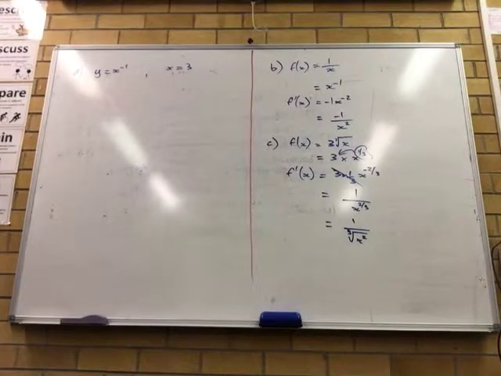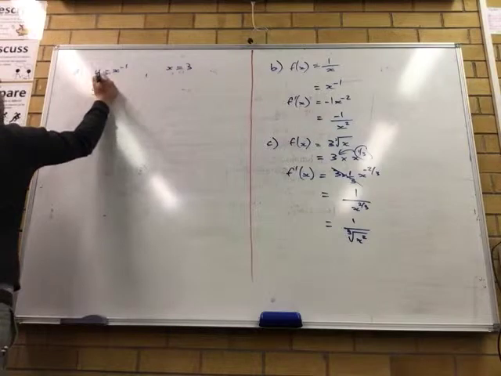So, we need to find the gradient of the tangent by differentiating. Find the gradient of the tangent at x equals 3. And then from that, I want the equation of the tangent at x equals 3.